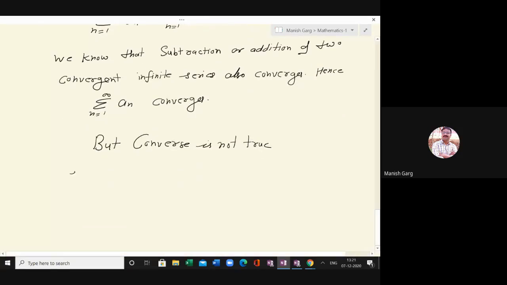For example, if you take the series sum from n equals 1 to infinity of minus 1 to the power n minus 1 times an.